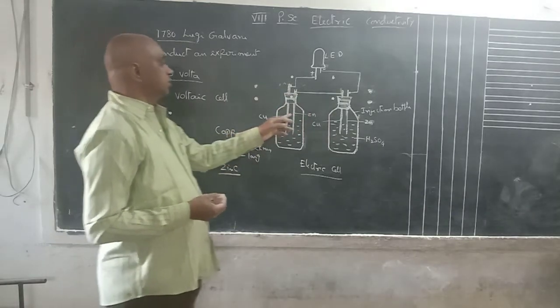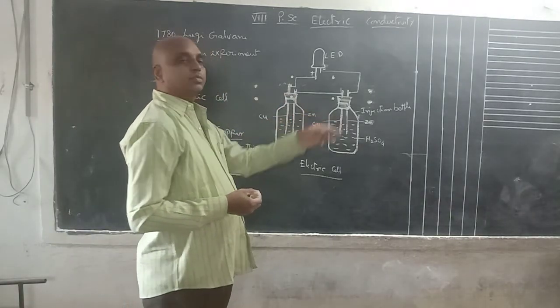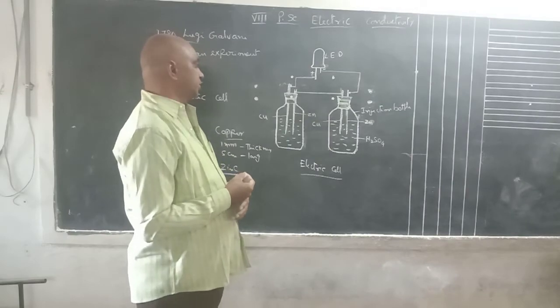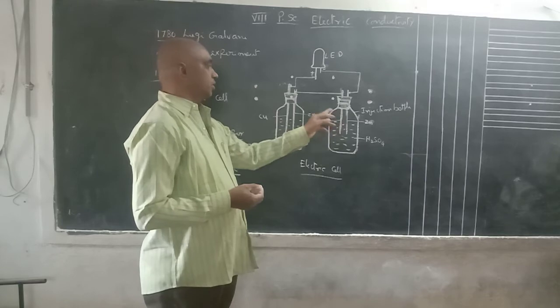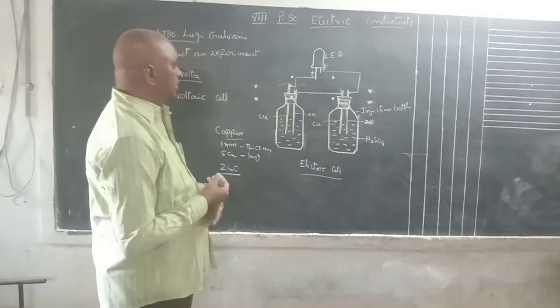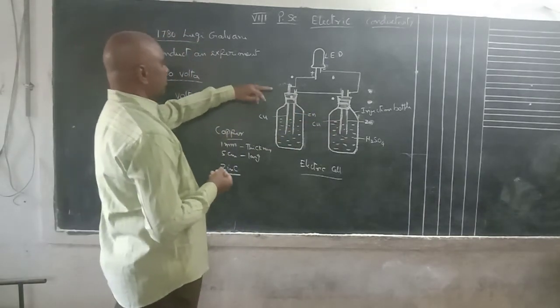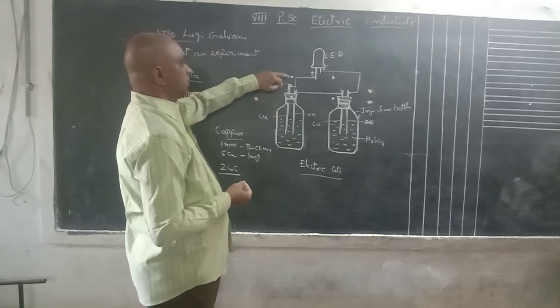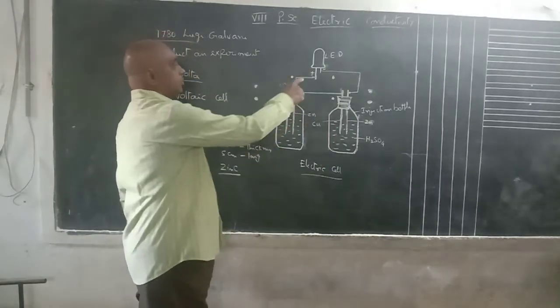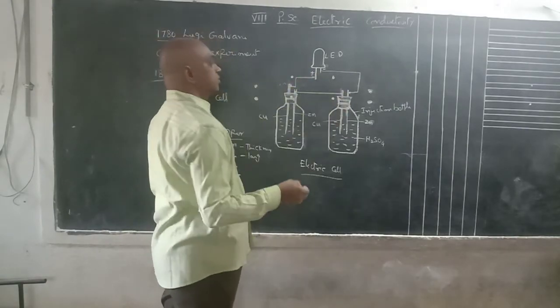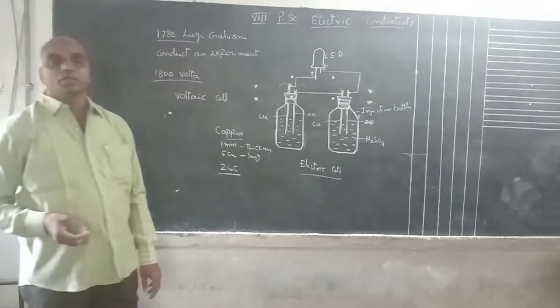First connect the zinc rod and copper rod of the two bottles using a copper wire. Next, the copper rod is connected to the positive terminal of the LED, and the negative terminal of the LED is connected to the zinc rod.